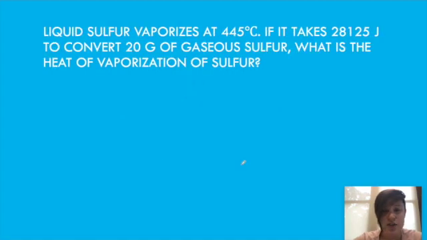Our next question tells us that liquid sulfur vaporizes at 445 degrees Celsius. If it takes 28,125 joules to convert 20 grams of liquid sulfur to gaseous sulfur, what is the heat of vaporization of sulfur? Again, we're using Q equals M times delta H of vaporization.